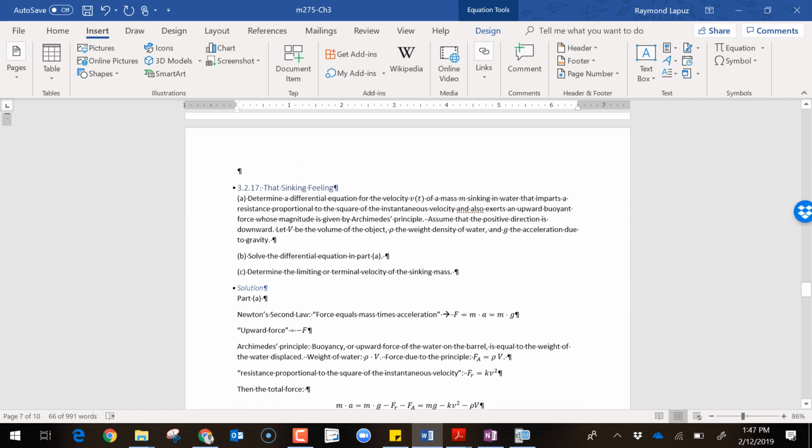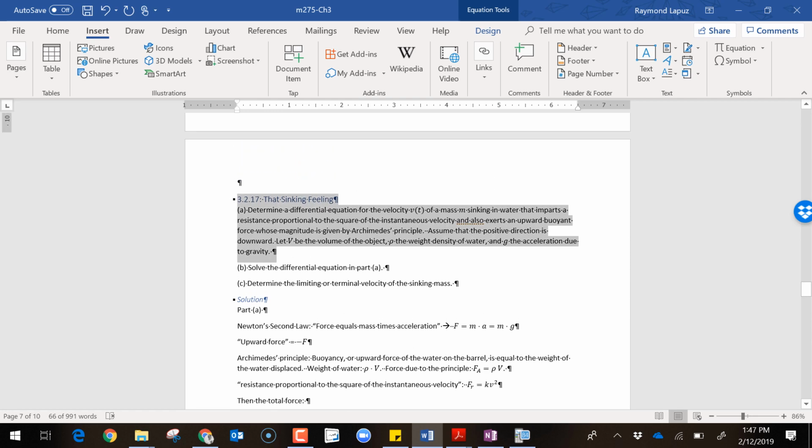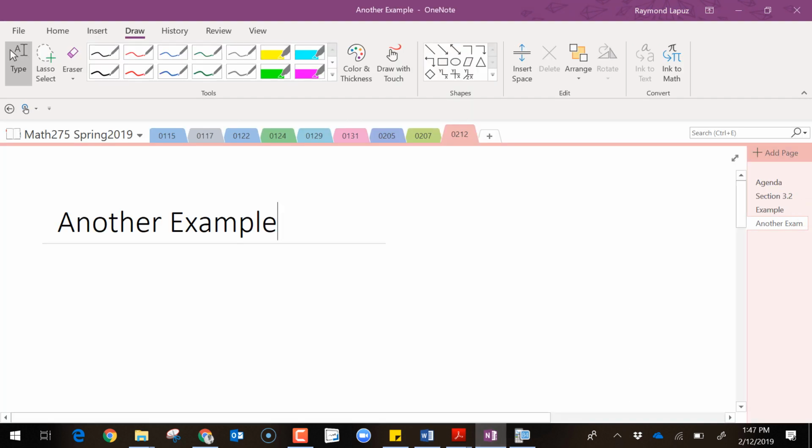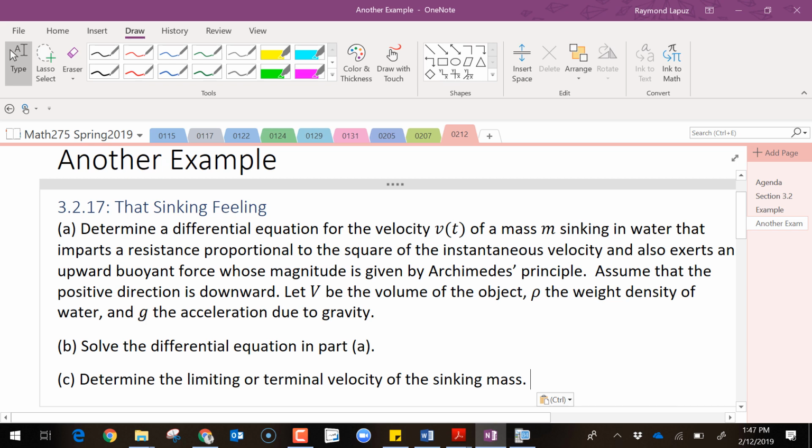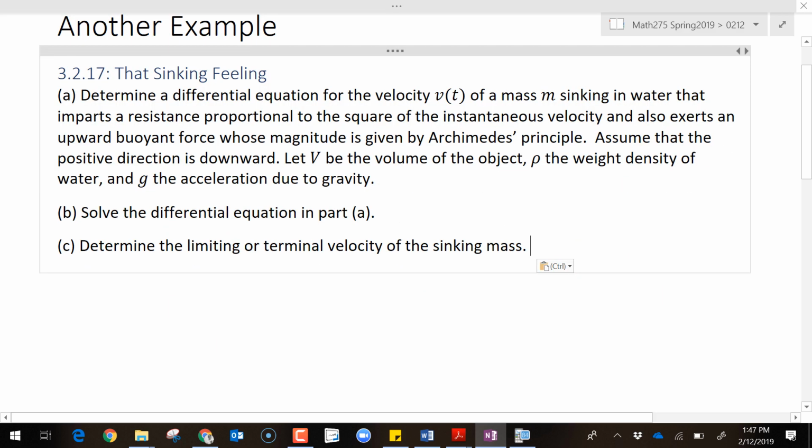It's called That Sinking Feeling. All right. It says here we want to come up with a differential equation for the velocity of a mass that's sinking in water that imparts some sort of resistance that's proportional to the square of the instantaneous velocity.